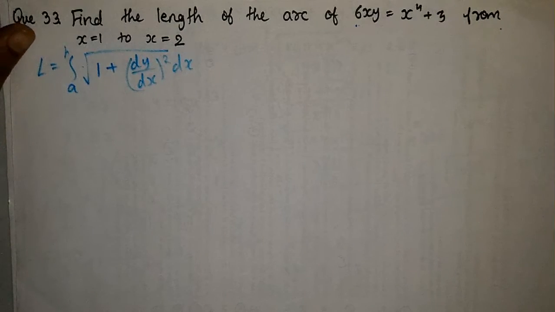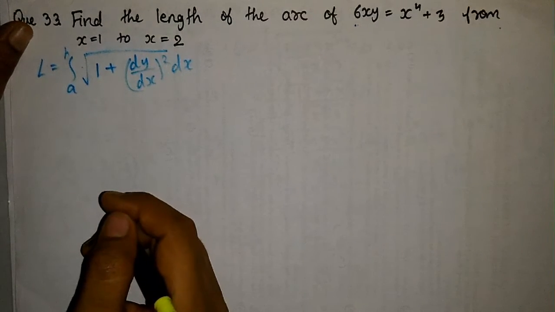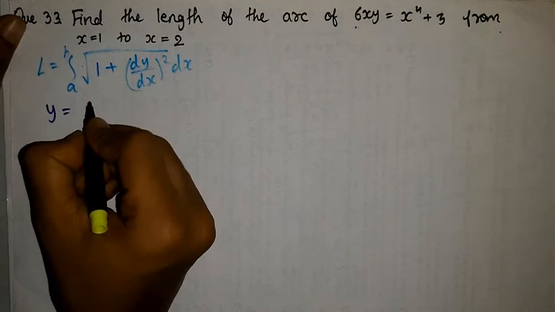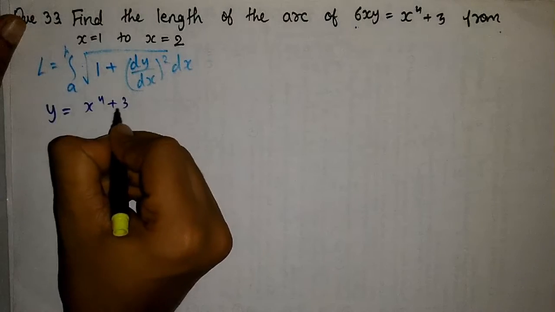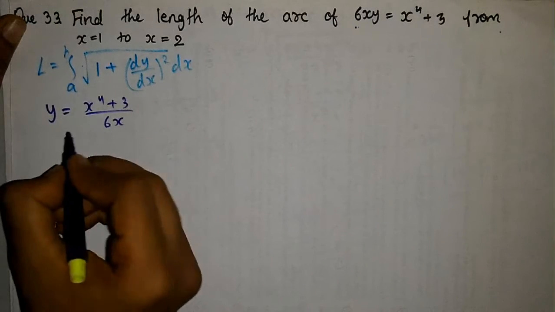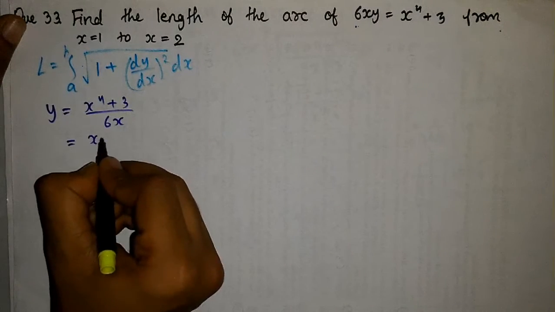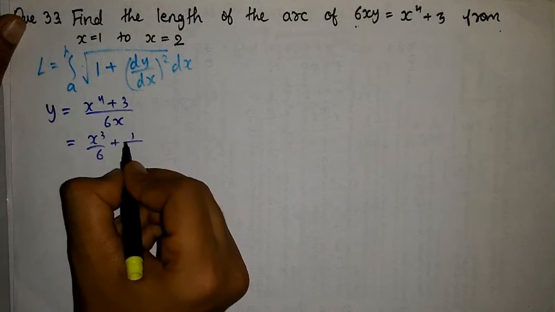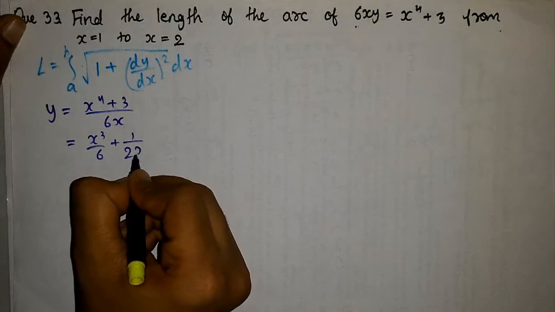Let's convert the equation of the curve into the form of y. So y = (x^4 + 3)/(6x), which is equal to x^3/6 + 1/(2x).